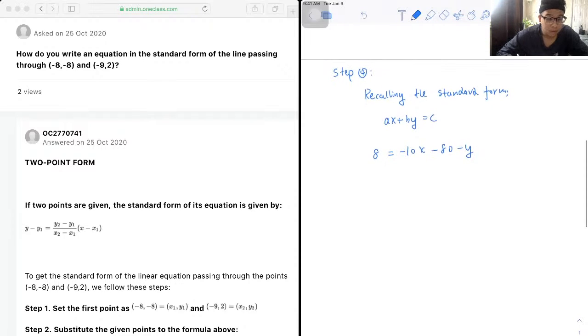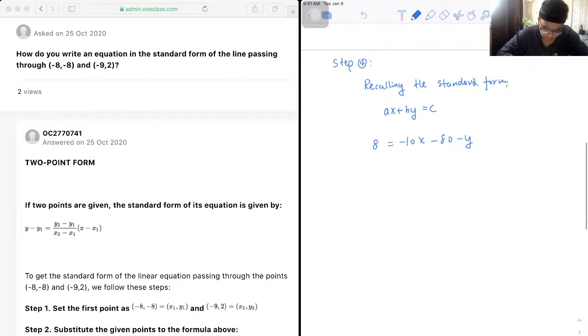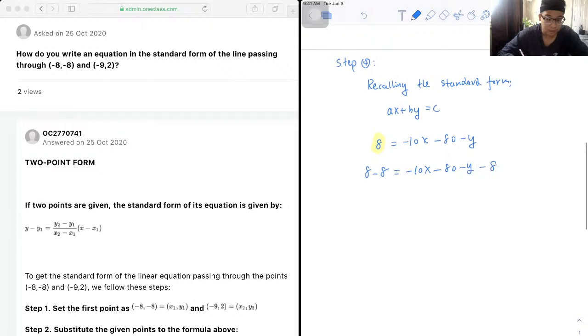Now we only have an 8 on one side, so we subtract 8 from both sides. We get 8 minus 8 equal to negative 10x minus 80 minus y minus 8.